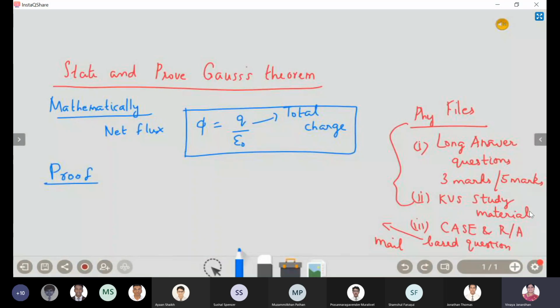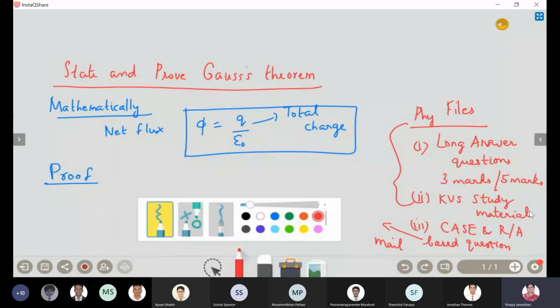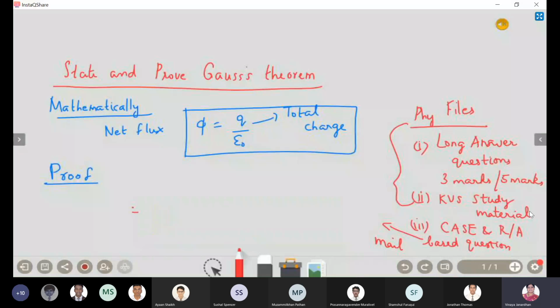Let a point charge plus Q be placed at the center O of a sphere.